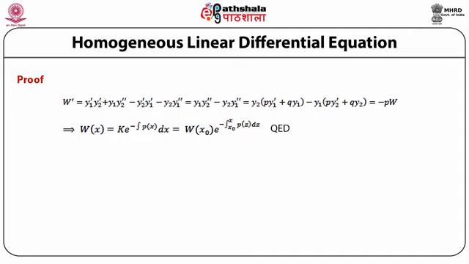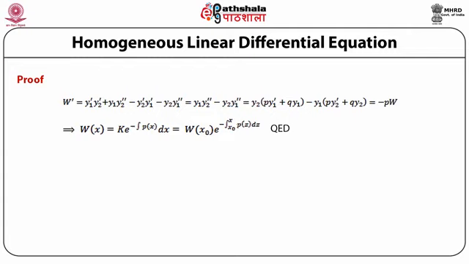The terms for y1 and y2 can be separated and we obtain W prime is equal to y2 times (p y1 prime plus q y1) minus y1 times (p y2 prime plus q y2). This is equal to minus p times the Wronskian W. Thus, W is a solution of a first order equation that can be easily solved.